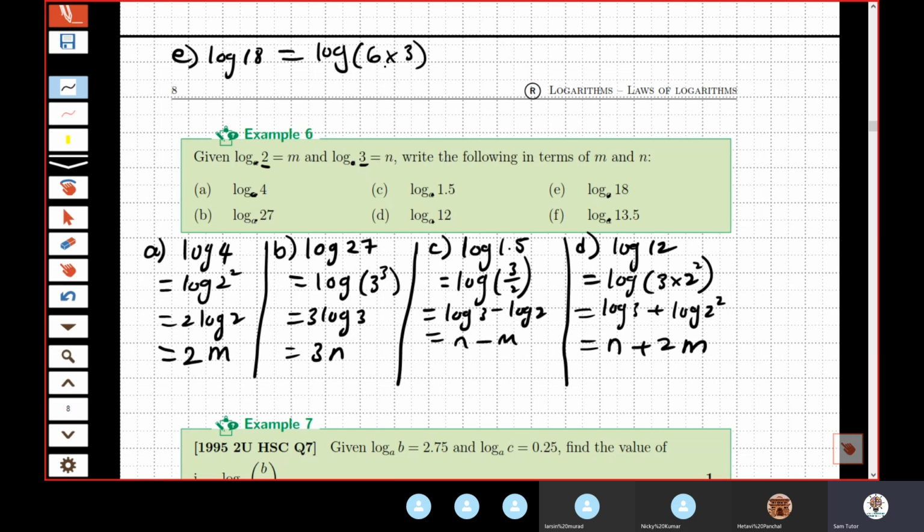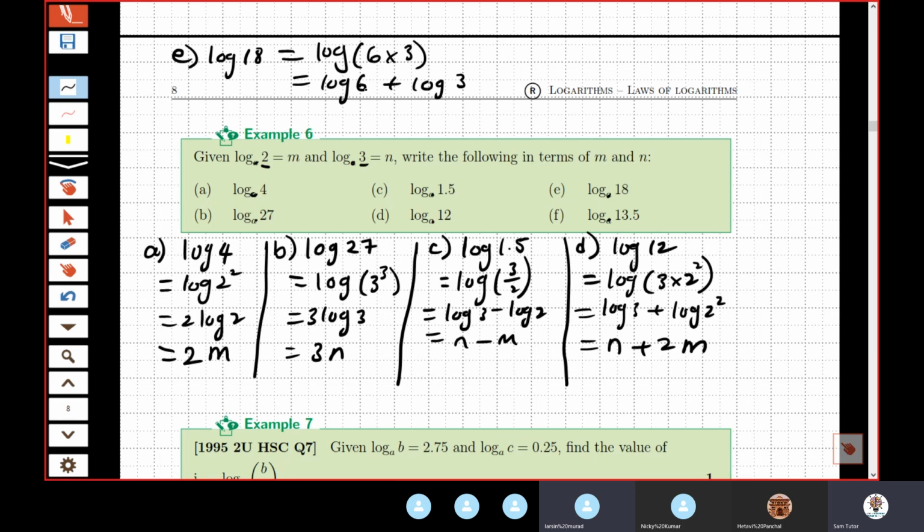So watch this. You're going to write log 6 plus log 3. Log 3 is n. That's great. What's log 6? So what are you going to do with log 6 now? You can't just get rid of it the way you want to.